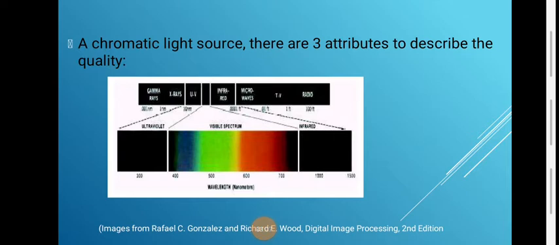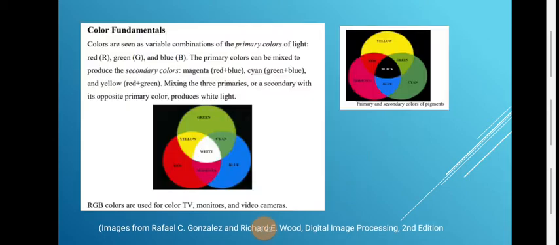This is the range of wavelengths comprising the visible range of the electromagnetic spectrum. Our visible spectrum lies between 400 to 700 nanometers. In color fundamentals, we have seen a variety of colors. The basic primary colors of light are red, green, and blue, and mixing these colors will produce several colors.